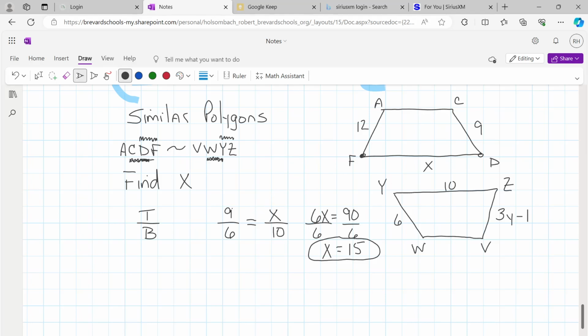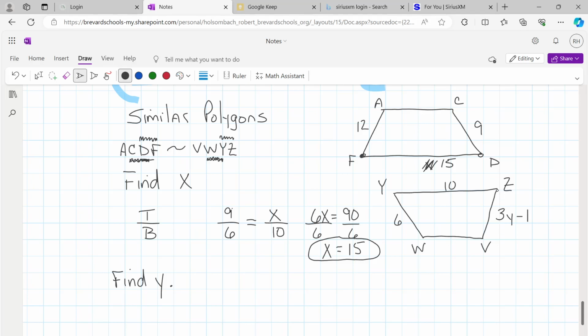So then the second part asks you to find y. We're going to use the same concept, the same mentality. We know that this x is 15 now, so we can scratch it out and put a 15 there in case we want to use that side.